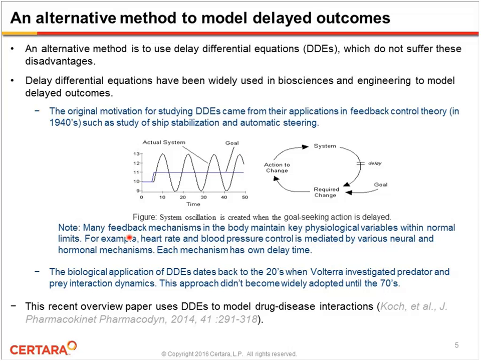Actually, in the human body, there are many feedback mechanisms working to maintain key physiological variables within the normal limits. For example, the heart rate and blood pressure control is mediated by various neural and hormone mechanisms, and each mechanism has its own delay time. That's why you see heart rate and blood pressure have this oscillating behavior.